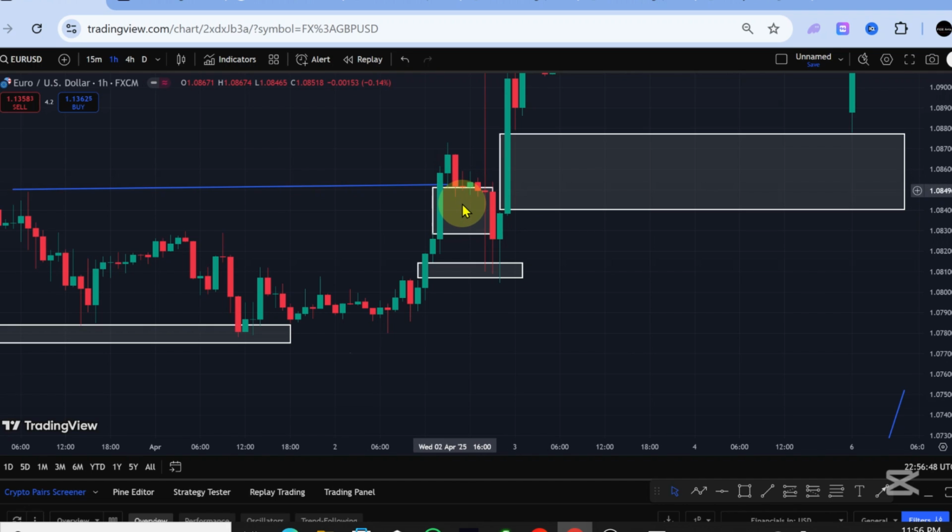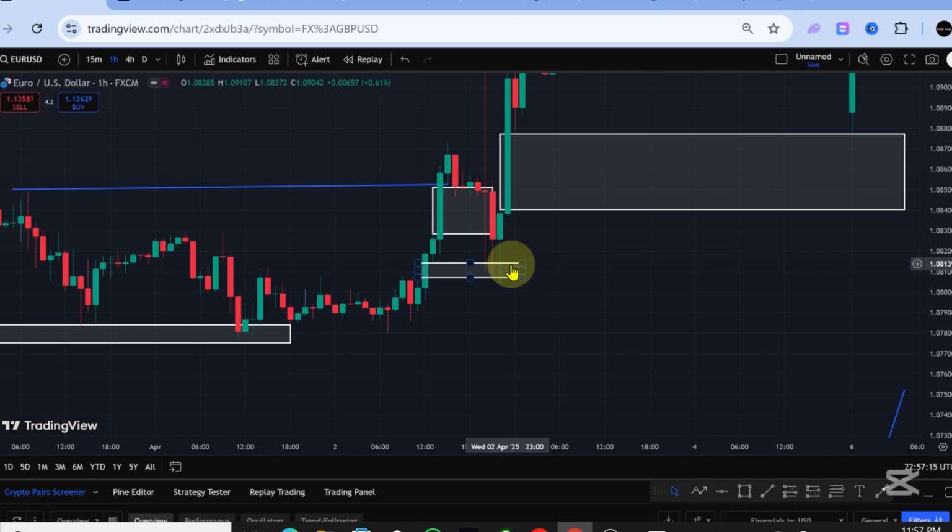It even got mitigated. The market respected this particular one before it went higher. Why did the market respect this one? Because it was at the bottom. For a bullish scenario, you give priority to the fair value gap that is at the bottom, in case you spot multiple fair value gaps at the same place. Give priority to the fair value gap that is at the bottom.